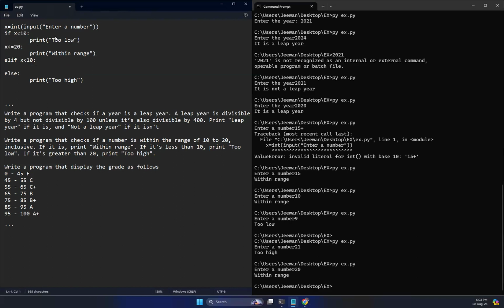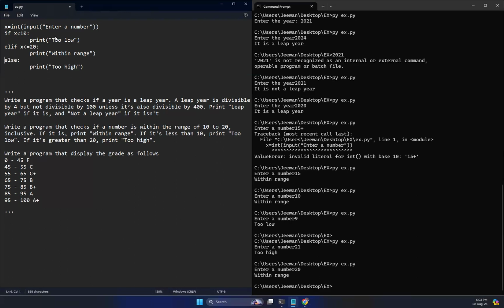Else if x is less than or equal to 20, I'm going to say within the range. Else I'm going to say too high.